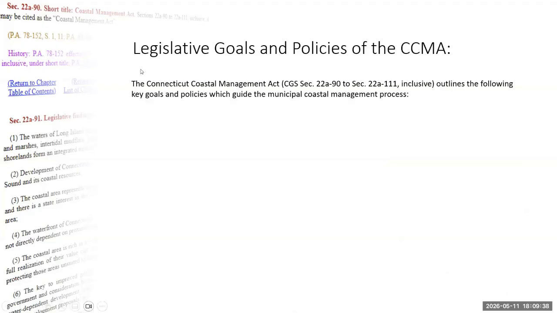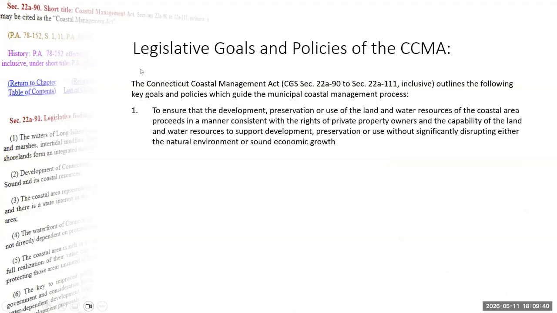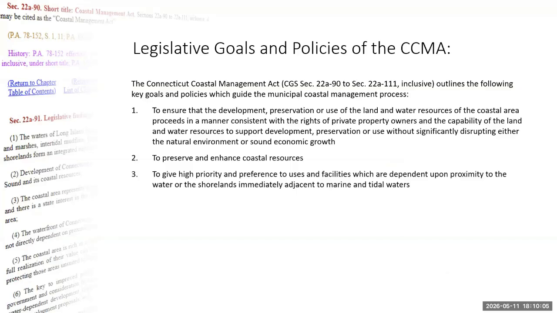Those goals and policies are to ensure that the development, preservation, or use of land and water resources of the coastal area proceeds in a manner consistent with the rights of private property owners and the capability of the land and water resources to support development, preservation, or use without significantly disrupting either the natural environment or sound economic growth; to preserve and enhance coastal resources; to give high priority and preference to uses and facilities which are dependent upon proximity to water or the shorelands immediately adjacent to marine and tidal waters.